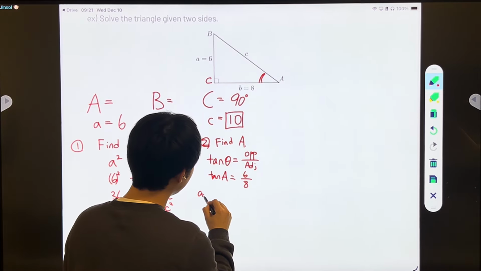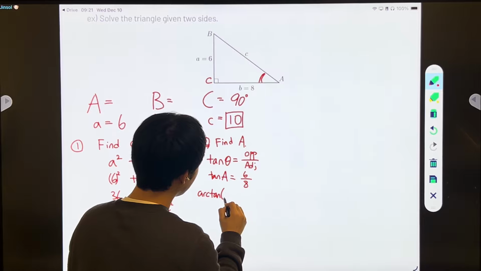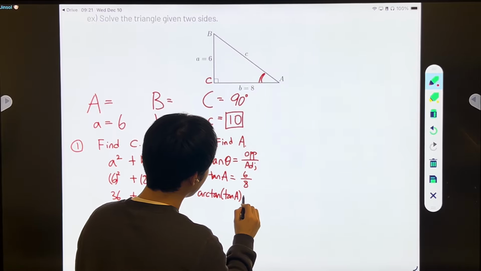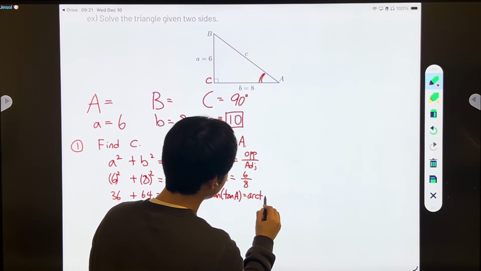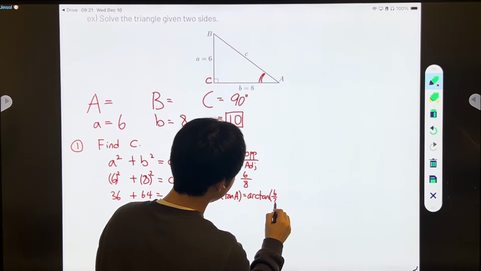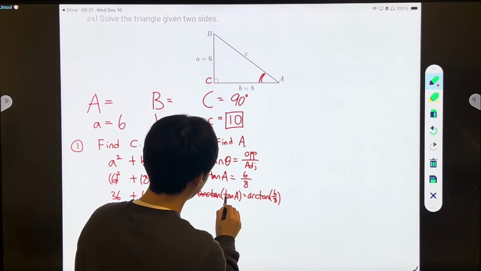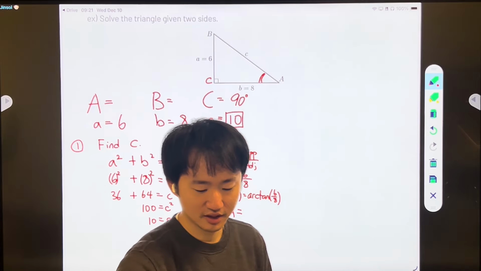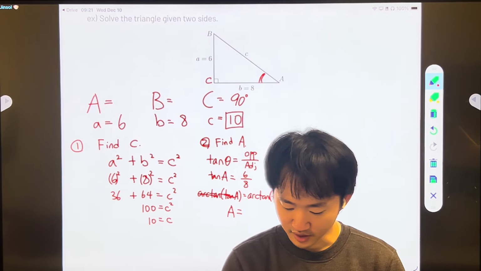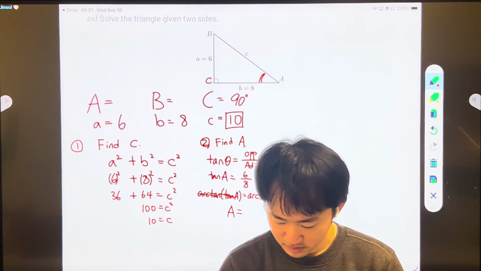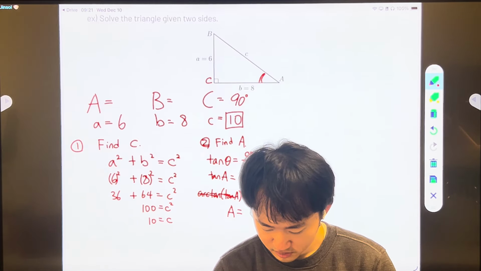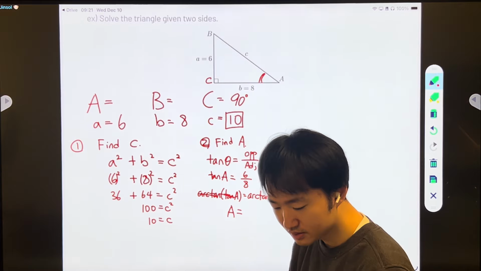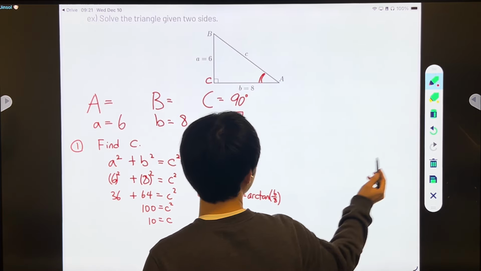Well, let's do arctan on both sides. So arctan and tan cancel out. A is equal to arctan of 6 over 8, let's find that on the calculator. And it turns out to be 36.9 degrees approximately.